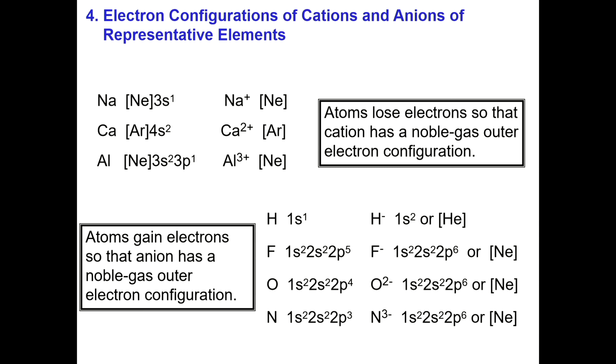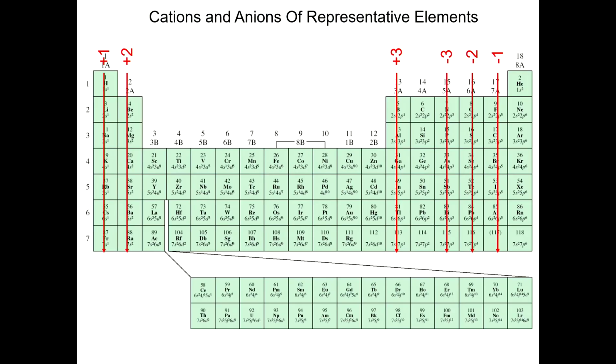And also for the nonmetals, they get electrons. For this group, they lose the ns1 electron, so they should have +1 charge, and this group +2, and for this group, they lose 3. But for this group, they tend to get 1, because it could also lose 7 electrons, right? But of course, it's easier to get 1 than to lose 7.